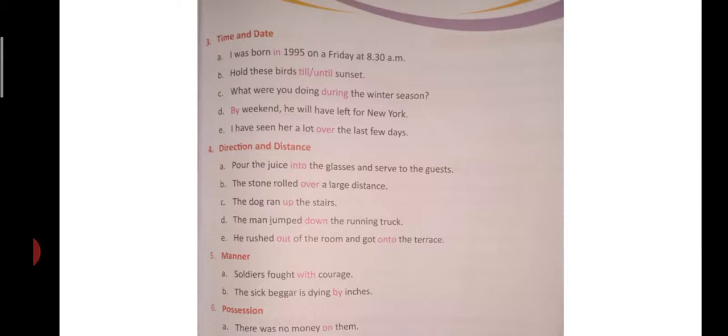The dog ran up the stairs. The man jumped down the running truck. He rushed out of the room and got onto the terrace. So into, over, up, down, out, onto, these are saying where something is going.